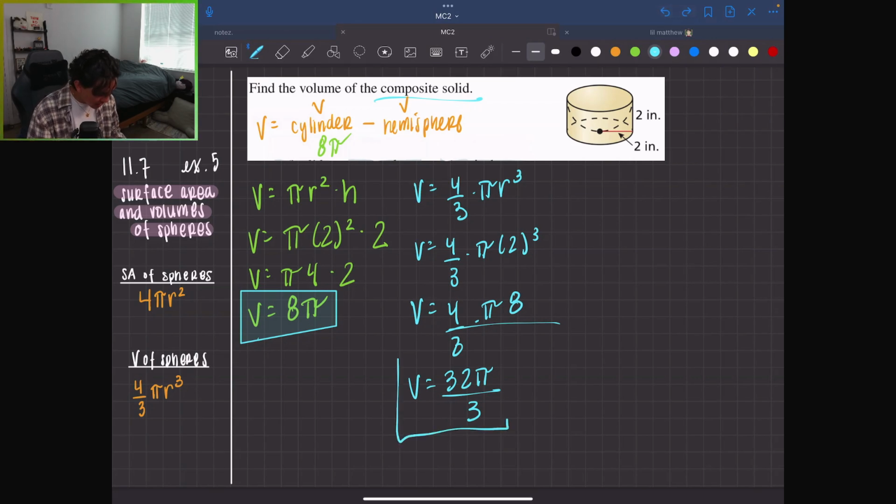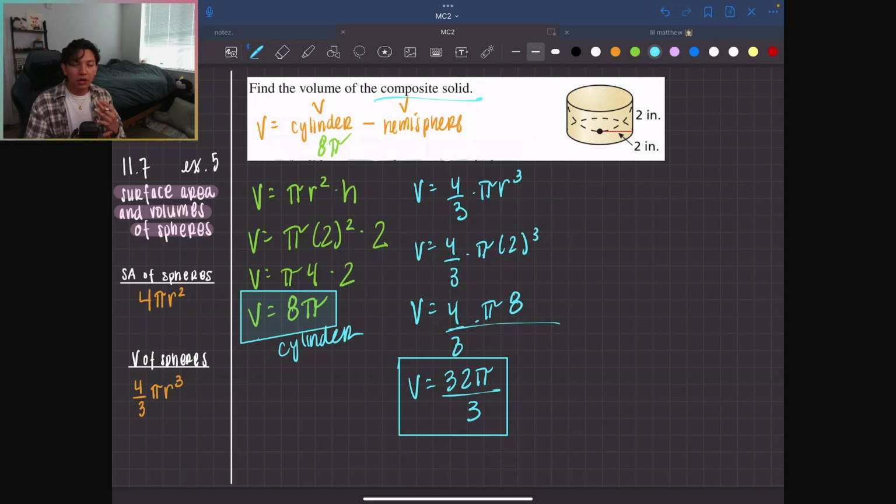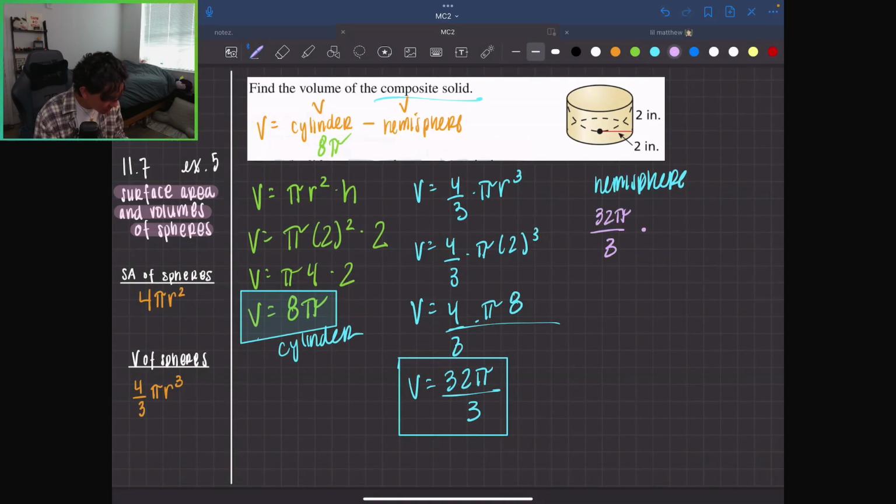So now we have the volume of our cylinder and the volume of our sphere. But we don't want the volume of a sphere. We want the volume of a hemisphere. To do that, we're going to take this volume, 32 pi over 3, and cut it in half. So we're going to multiply it by 1/2.